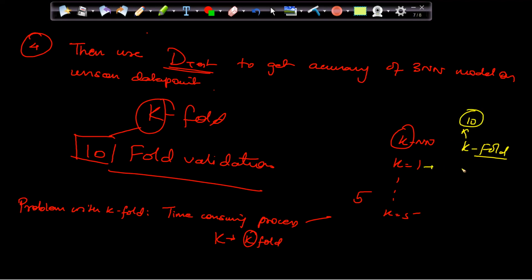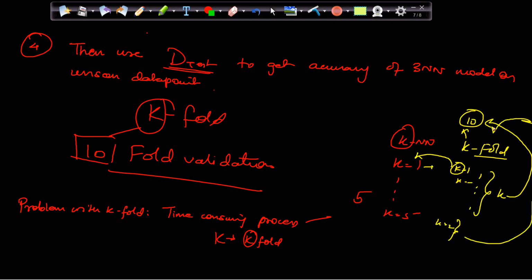So k equal to 1 will run 10 times. Then k equal to 2. This k is nothing but the nearest neighbor k, and the fold k will run how many times? 10 times. So when neighbor is equal to 1, this will run for 10 times. When neighbor is equal to 2, it will again run for 10 times.